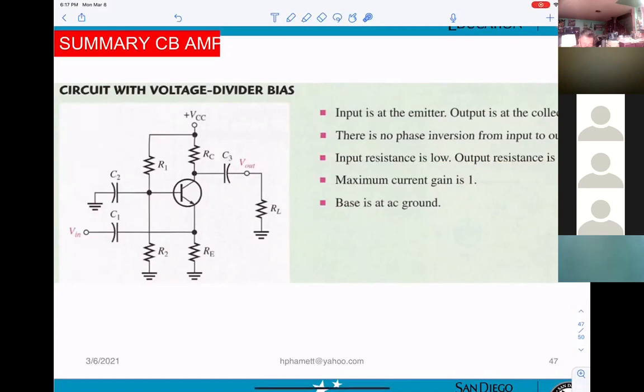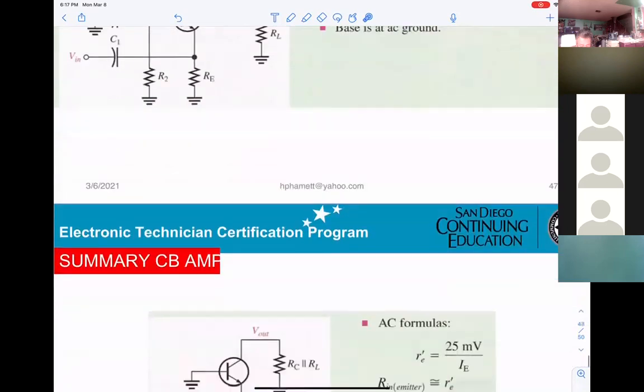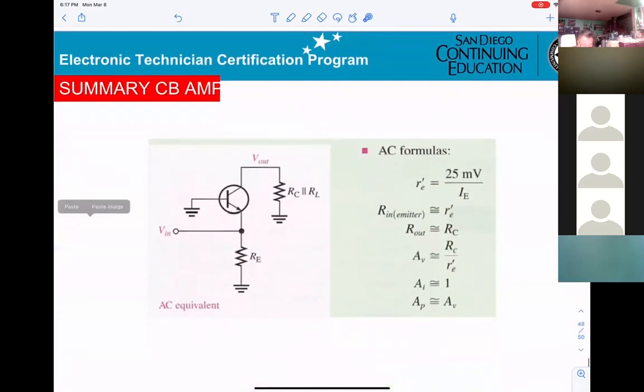However, in common collector, the input resistance is high and output resistance is low. That means they give another two amplifiers, CC and CB. In case they don't want the gain, they want the input impedance and output impedance, then they can know which one to use, okay?